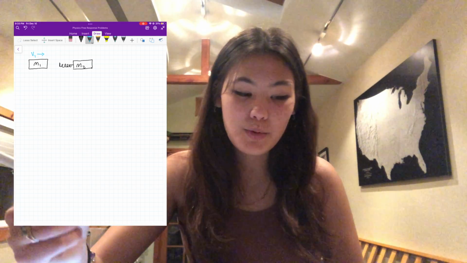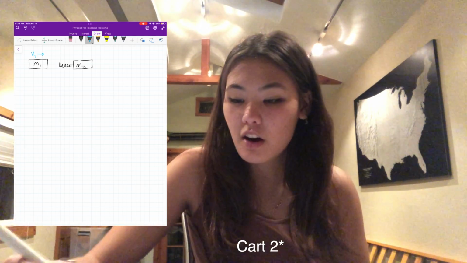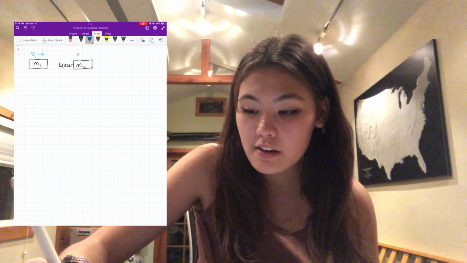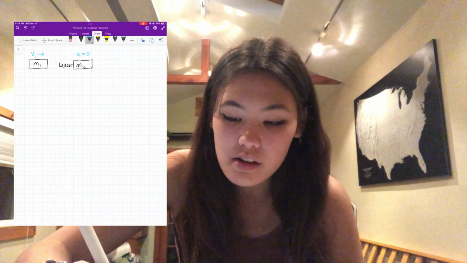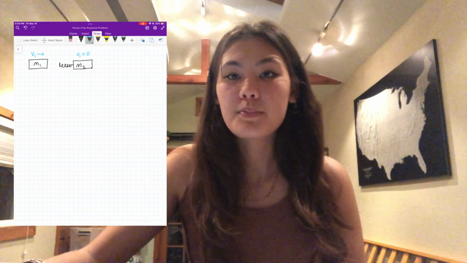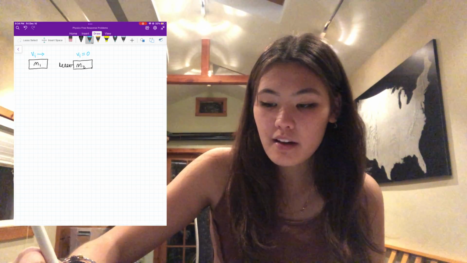So we see that cart 1 has an initial velocity moving to the right, whereas cart 2 has an initial velocity of 0. And I'm using subscripts of initial, which is I. But if you see a 0 meaning V naught, that also means the initial velocity. And then we have a K, which is the spring constant of this spring here.